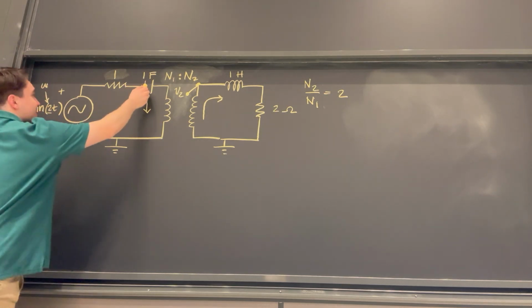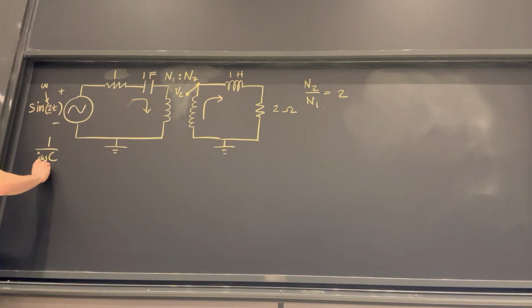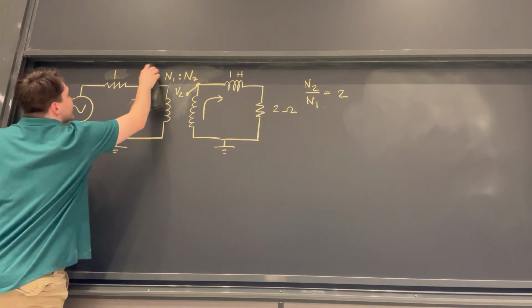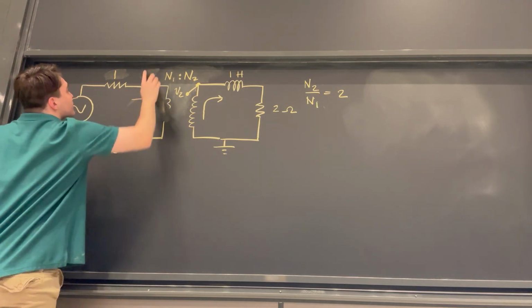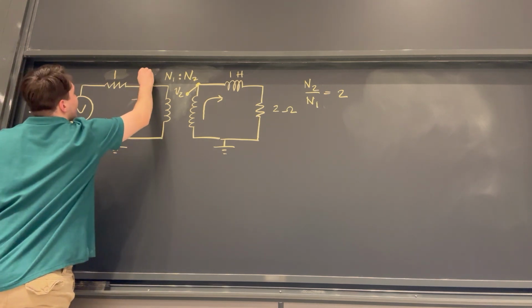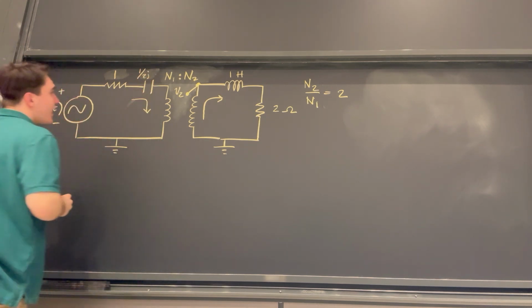And the capacitance here is 1 farad, so we're plugging in 2 here and 1 here. So we're left with 1 over 2j. That's going to be this capacitor in the phasor domain. Let's put that in. 1 over 2j.